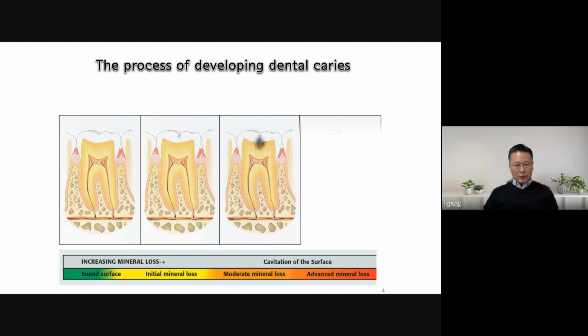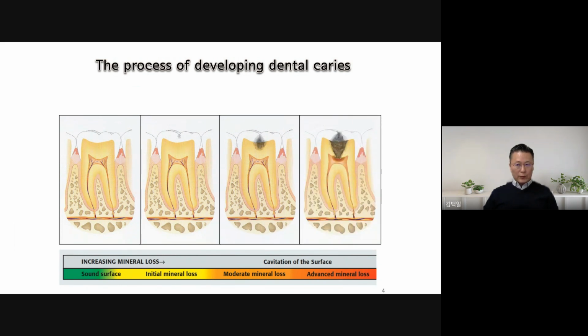Also, we have to understand the progression of the developing caries process. Traditionally, dentistry has classified this caries progression spectrum into two stages based on the presence or absence of cavity. However, a clinically identifiable intermediate stage exists between normal and cavitated lesion.